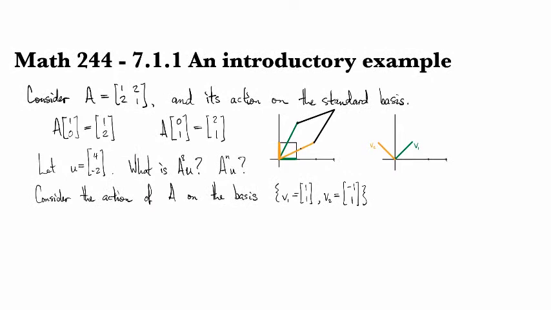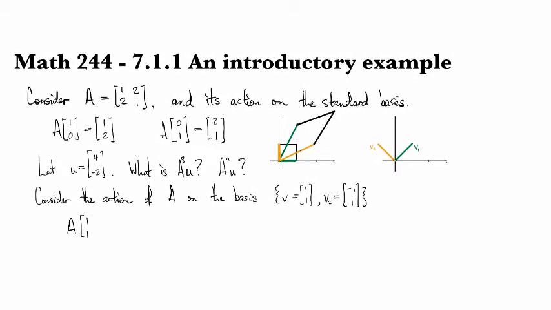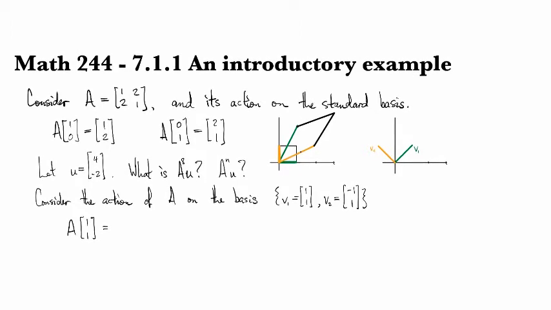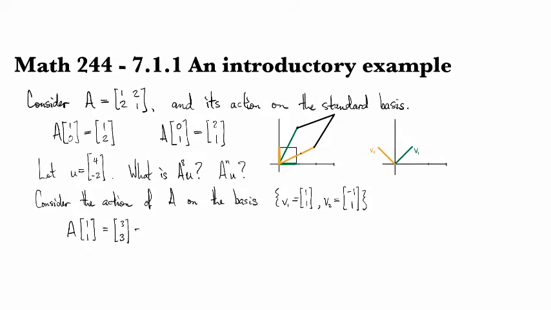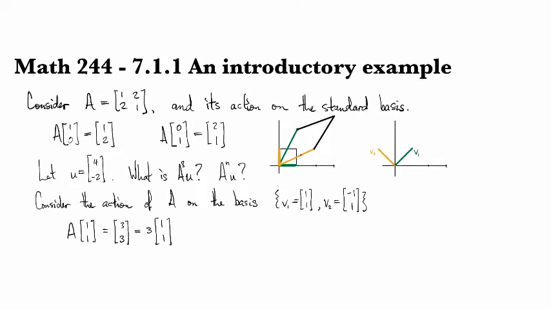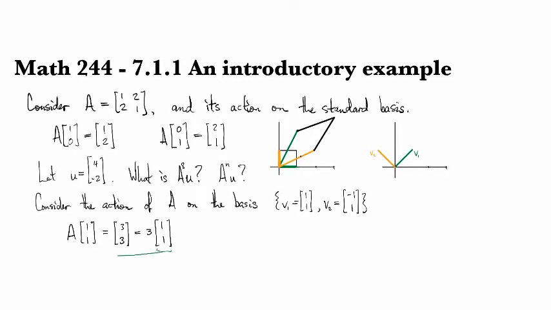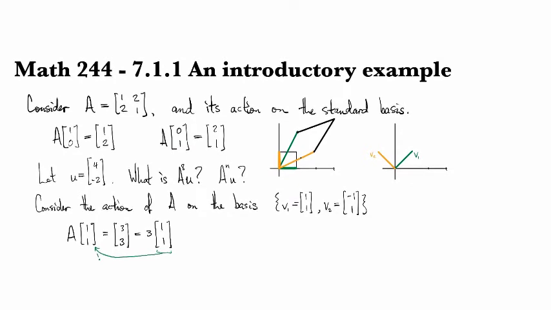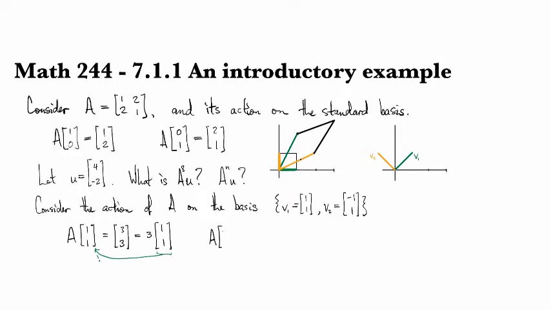Okay, so now let's look at what happens. So if we do the matrix product of A against 1, 1, we get 3, 3. And this is 3 times the very same vector that we started with. And let's also look at A times the other basis vector V2.